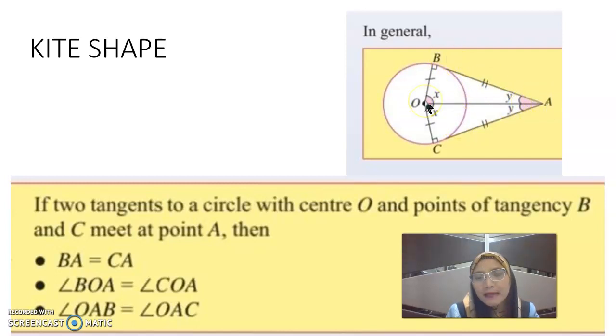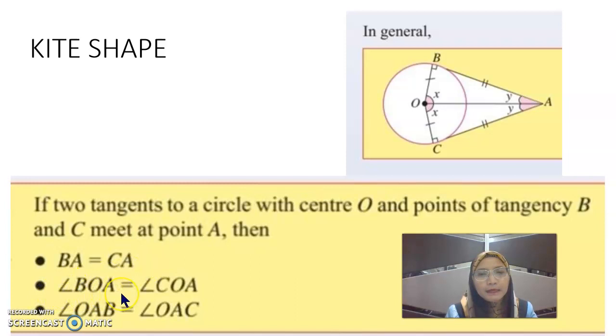ABO is symmetry to OCA. I repeat, ABO is symmetry to OCA. If two tangents to a circle with center O and points of tangency B and C meet at point A, then we say that BA is equal to CA.